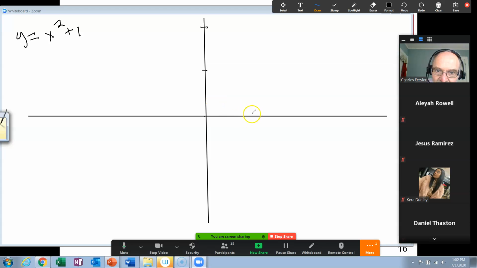When x is equal to 0, y is equal to 1, so you're right here. When x is equal to 1, y is equal to 2. That's why I put the 2 there. And this is simply a parabola, sort of going like that. A pretty ugly parabola.